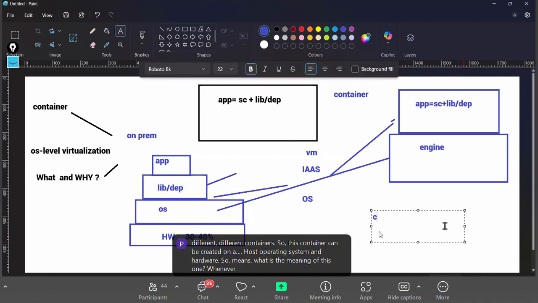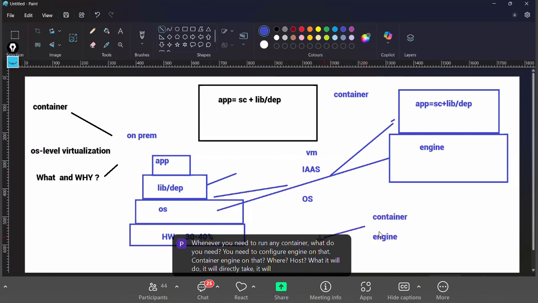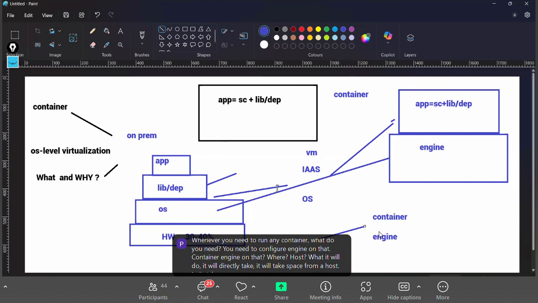Whenever you need to run any container, you need to configure the engine on that host. It will take space from the host. Let's take the example of my laptop.